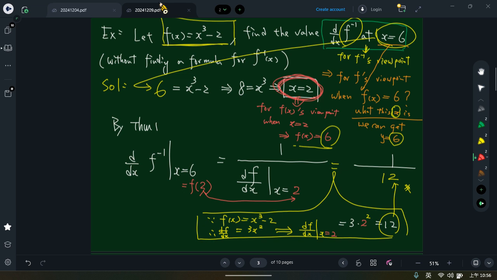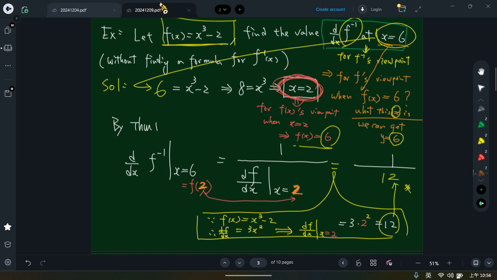Because we get this, we can just follow Theorem 1. When you want to calculate the derivative of f inverse at 6, that means f of 2 gives 6, so the input here should be 2.